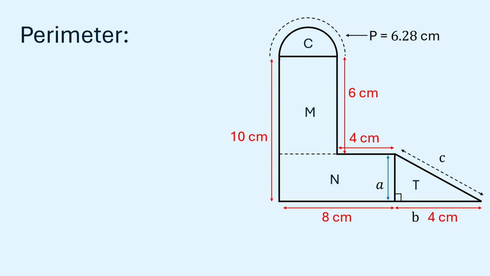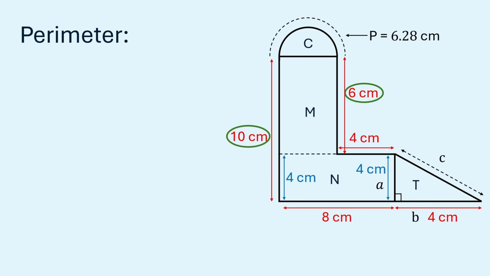To find the length of side A, we first need to determine the width of rectangle N. Here, with a total length of 10 cm and rectangle M's length of 6 cm, the width of rectangle N is 10 minus 6, which is equal to 4 cm.